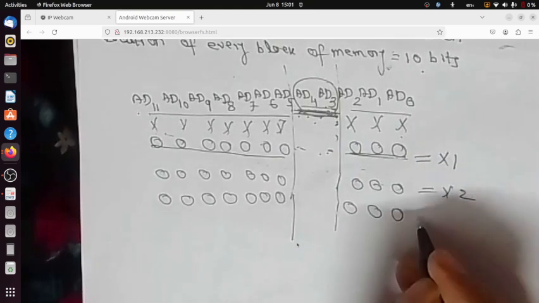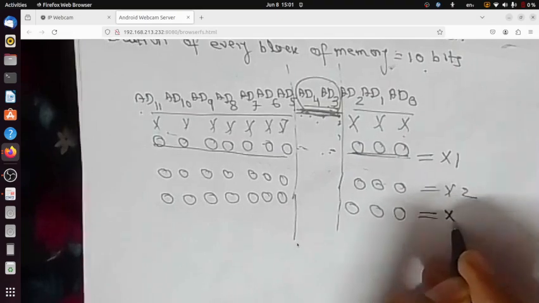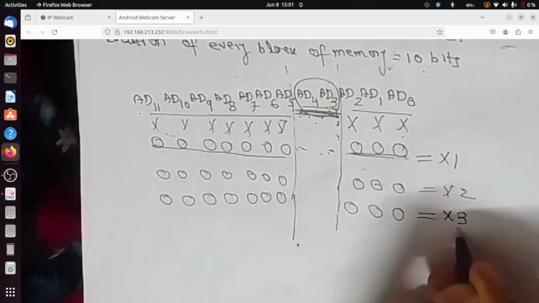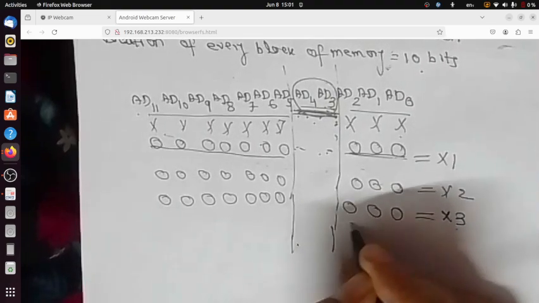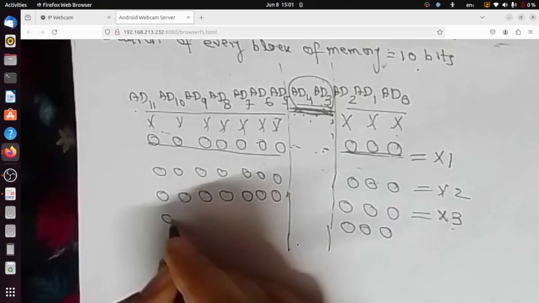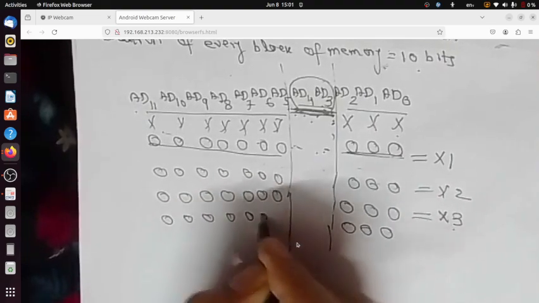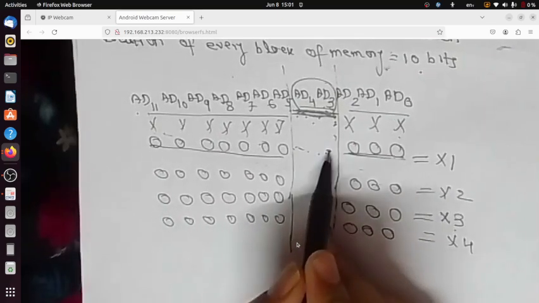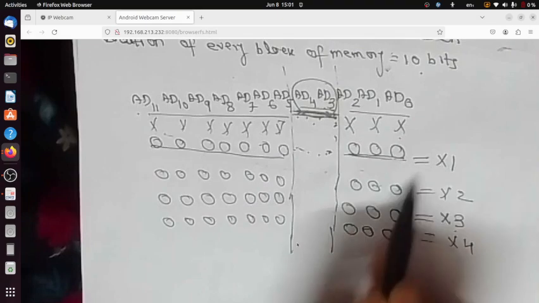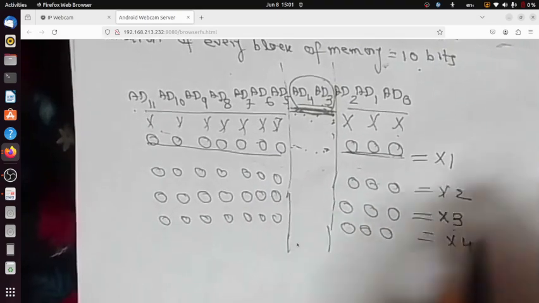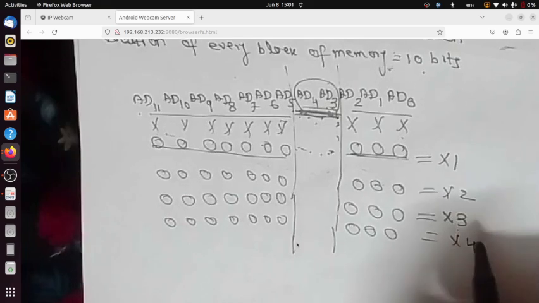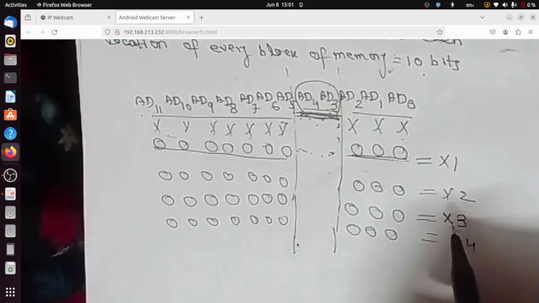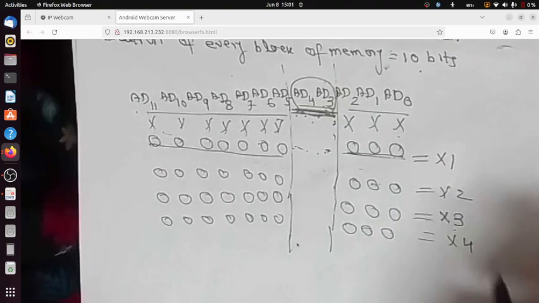This will be the memory address for starting location x3, and the last starting location will be x4. Now we have to place the proper values of bit positions 3 and 4 for each of the starting locations x1, x2, x3, x4, which are the starting locations of the 4 different blocks of memory.